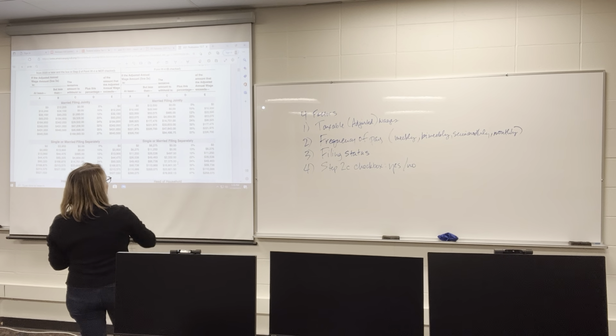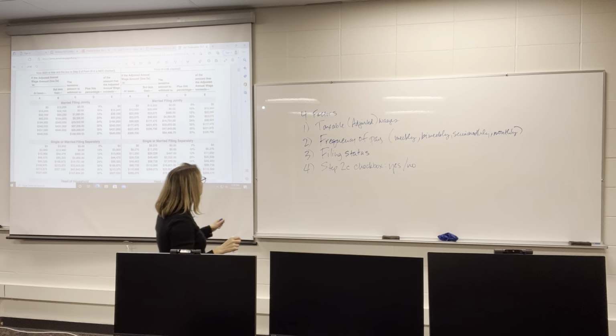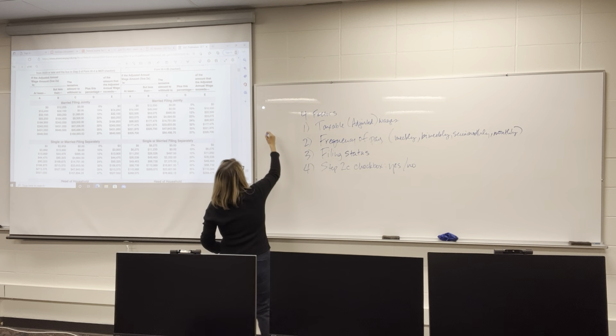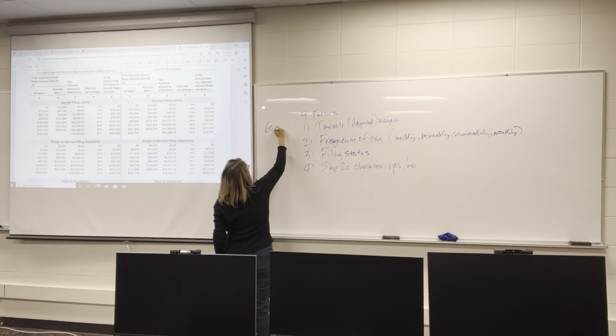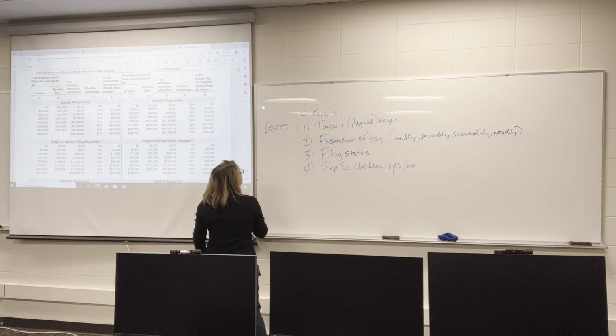So once we have that, the taxable wages, so let's just say we did that calculation, and our taxable wages are $60,000. Frequency of pay, we'll say it's weekly. Filing status, married filing jointly.